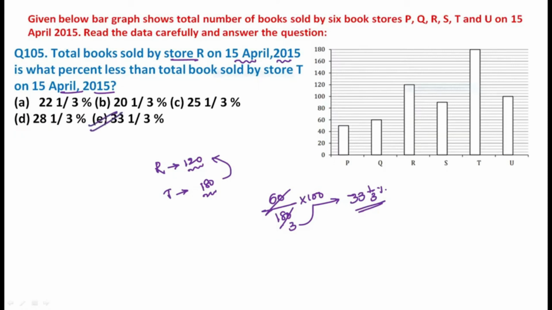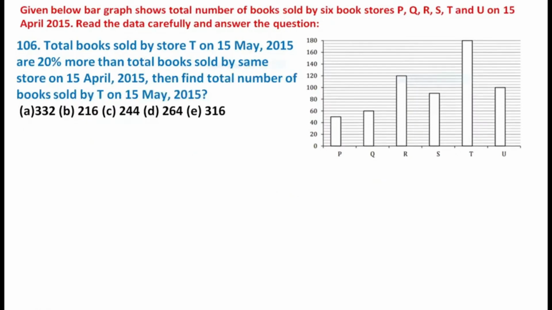Guys, we are taking the information from the table. It is most important. Next one, see the question: total books sold by store T on 15th May 2015 is 20% more than the total books sold by the same store on 15th April 2015. Find the total number of books sold by T on 15th May 2015. You already know the data is given for 15th April 2015.